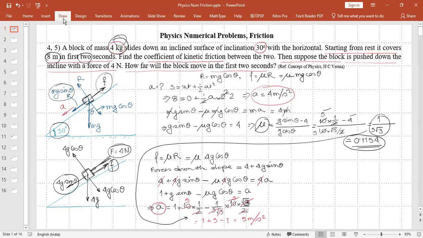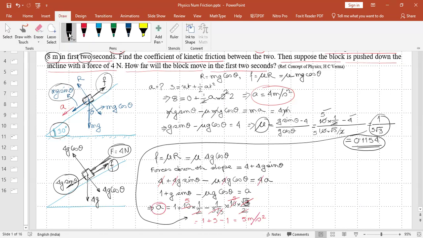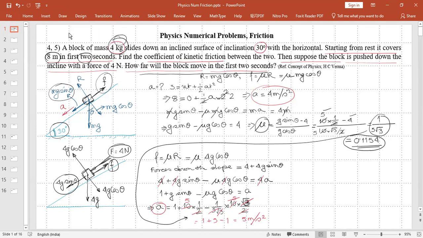But they have not asked for the acceleration. They have asked how far the block will move in 2 seconds. Look, in the first case, when there was no external pushing force, the acceleration was 4, now the acceleration is 5. How far will it go in the first 2 seconds?